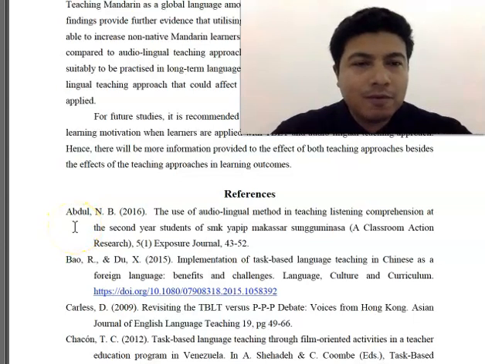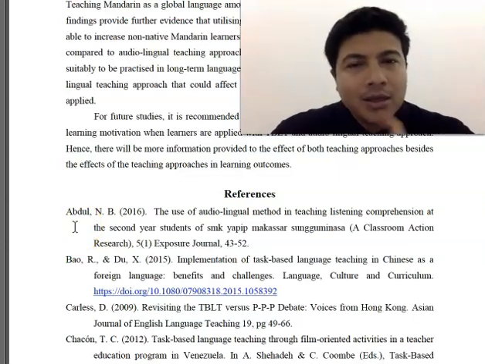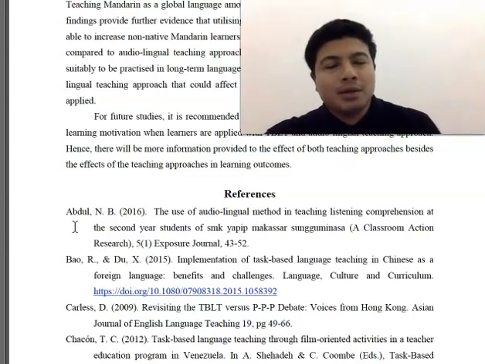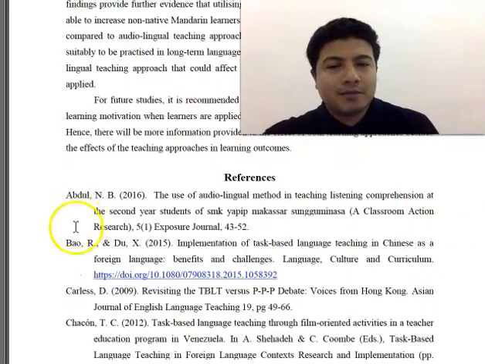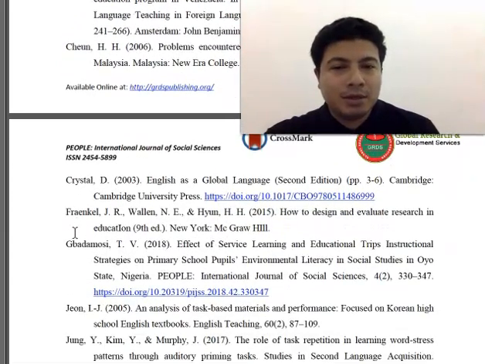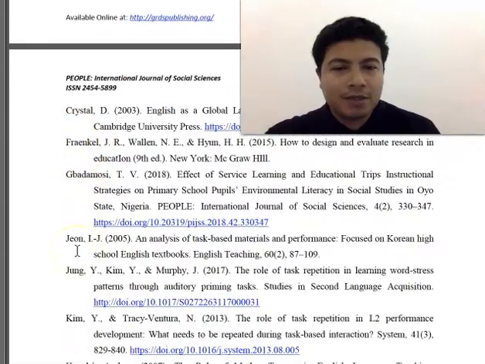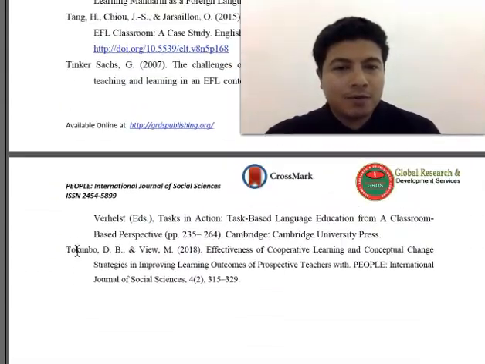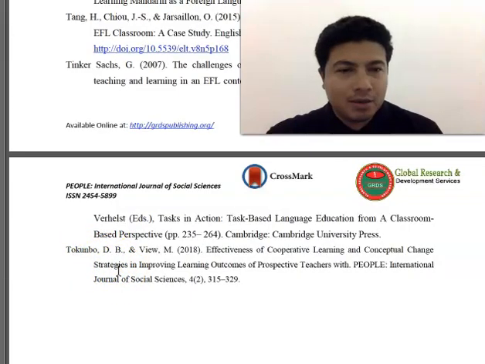So you have to go from A until Z, depending on the alphabet that you have. Like this here, it starts from A, B, C. There is no D, F, G until the last one, and it follows the alphabetical order.